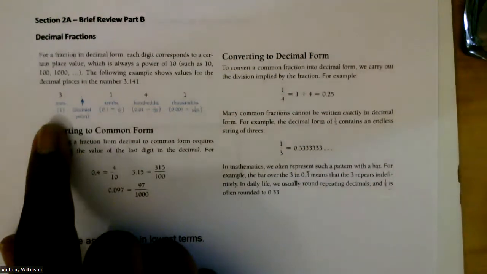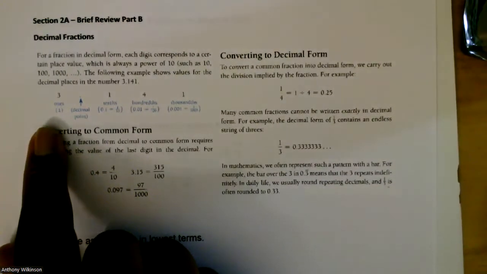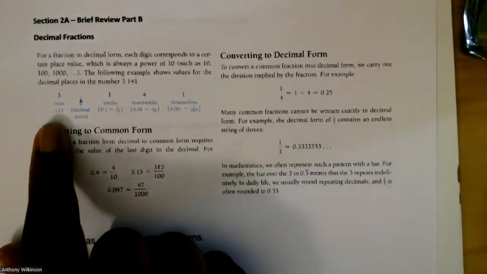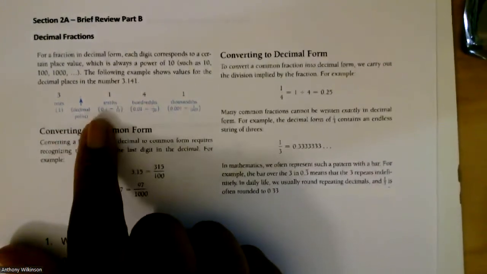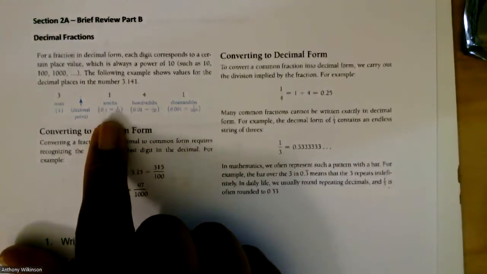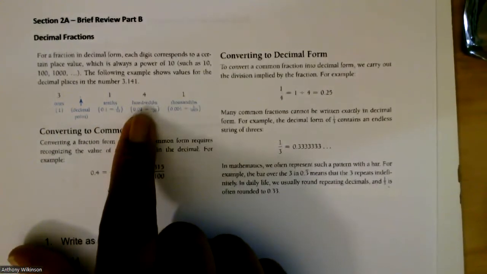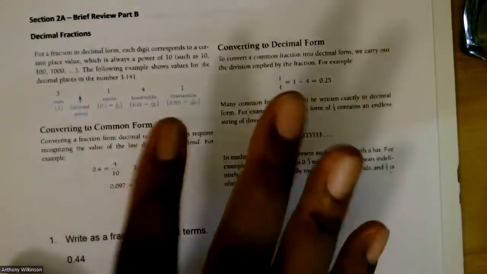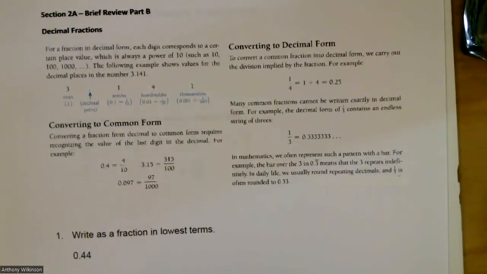Notice the first number in front of the decimal point is a 3, that's the ones place. And the first digit after the decimal point is a 1, that's in the tenths place. The next place value will be hundredths, and then the next one will be thousandths. So if we were to read this correctly, it will be 3 and 141 thousandths.